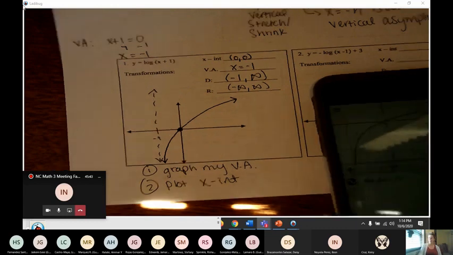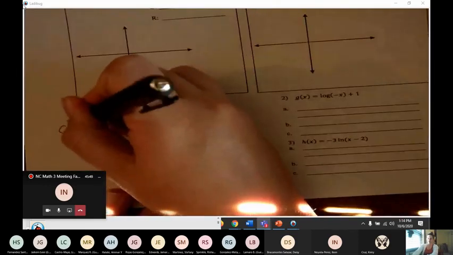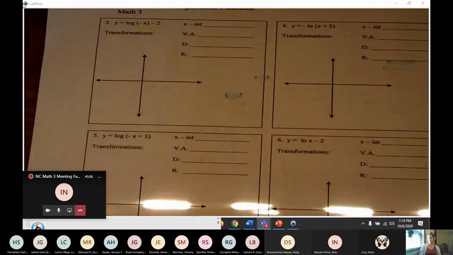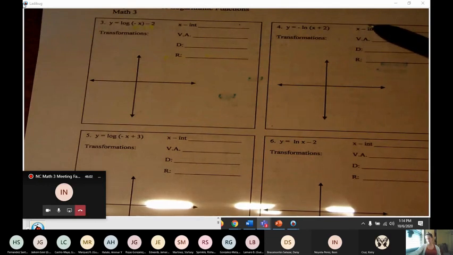I don't care if you just skip this stuff at the bottom. Okay, so this stuff you can skip. All right. But these 3 or 4 problems, I want you to do identifying your key features and graphing as you go. Okay, so please do that.